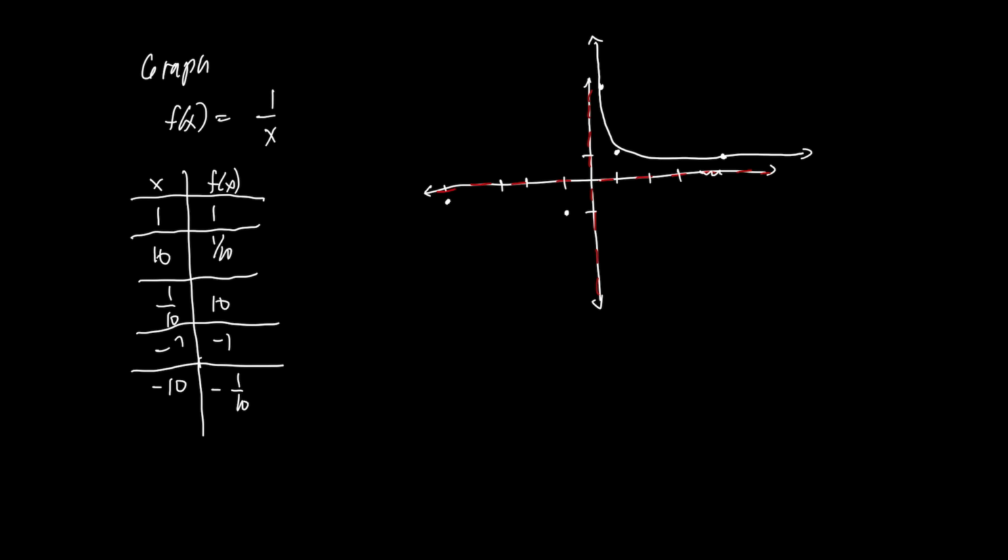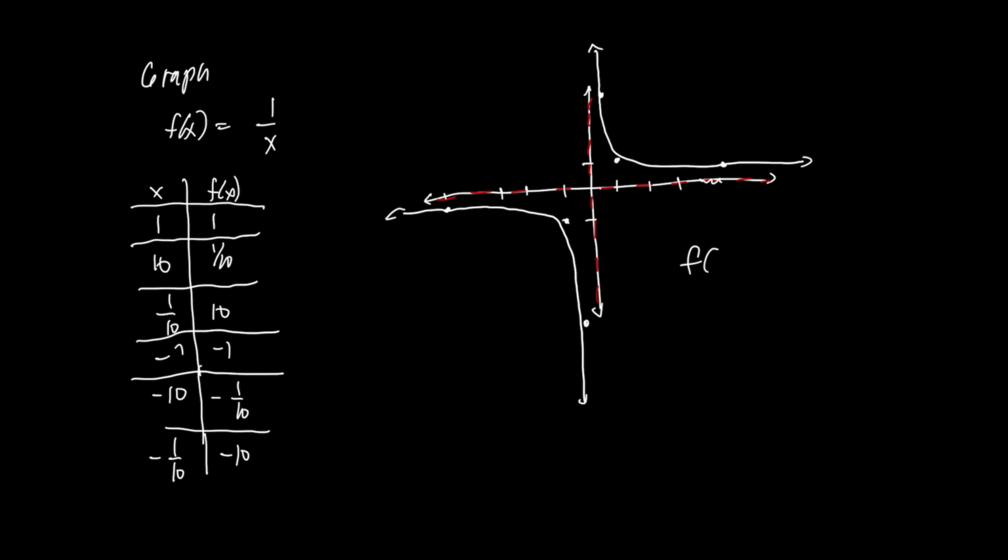So when x is -10, our y is 1 over -10. And when x is -1 over 10, our f of x is -10. So somewhere here. Then connect the points. So this one here is our f of x is equal to 1 over x.